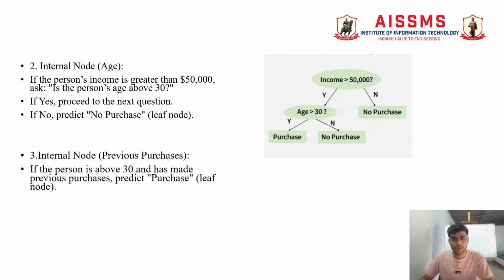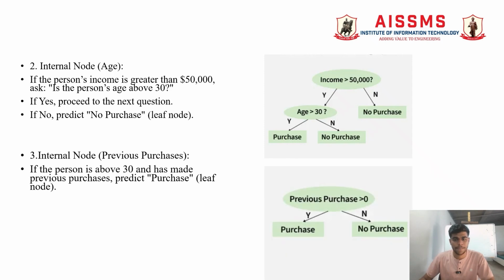If the person is above 30 and has made a previous purchase, we predict a purchase. In this internal node, we can see the customer history. If the customer made a previous purchase of any kind of product, then the customer will definitely buy a new product. If the customer has not made any purchase, then definitely no purchase.